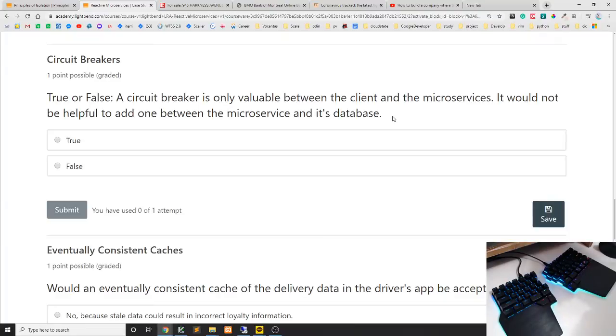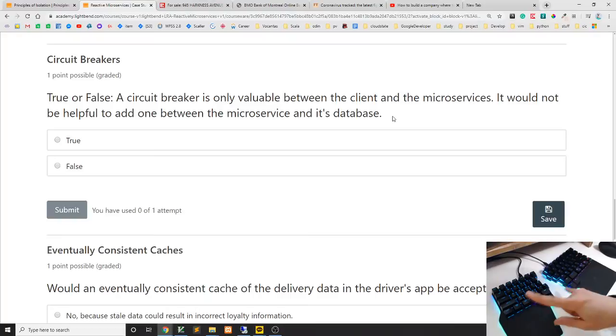I don't know. Let's think about it. While it is a microservice, the same idea will revolve in this situation, because the client asks the microservices, and now that microservice asks the information to the database.